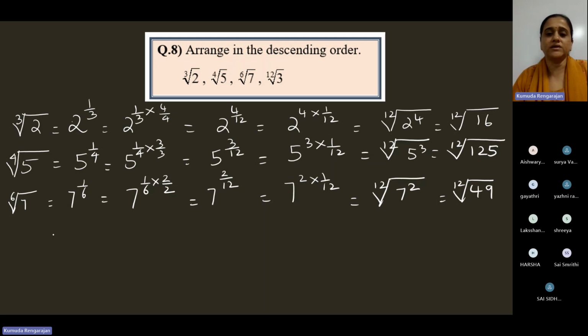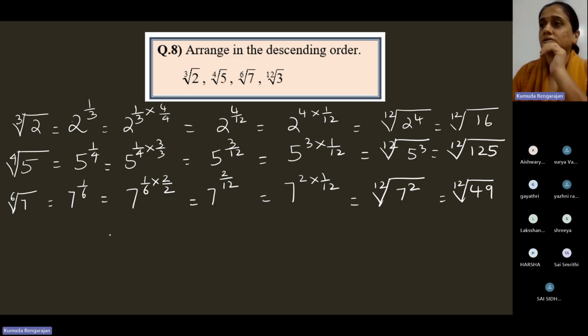The last one is already of order 12. The last one is 12th root of 3. So that you don't have to make any changes. So we have, which one comes first? Descending order. Big to small.